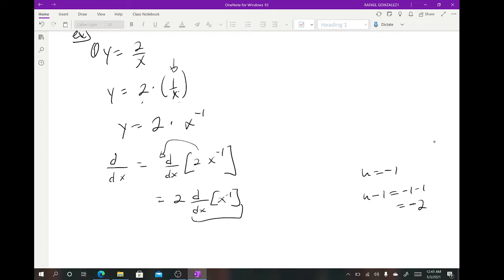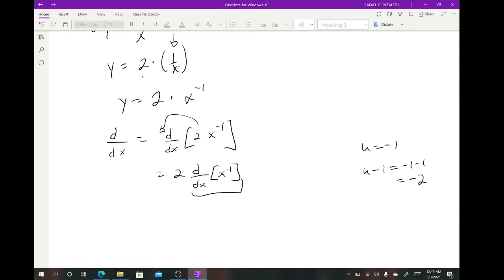So this means that the derivative is going to be equal to 2 times n x to the n minus 1, right? But we know what n x to the n minus 1 is. That's simply equal to negative 1 for n, and then n minus 1 is equal to minus 2.